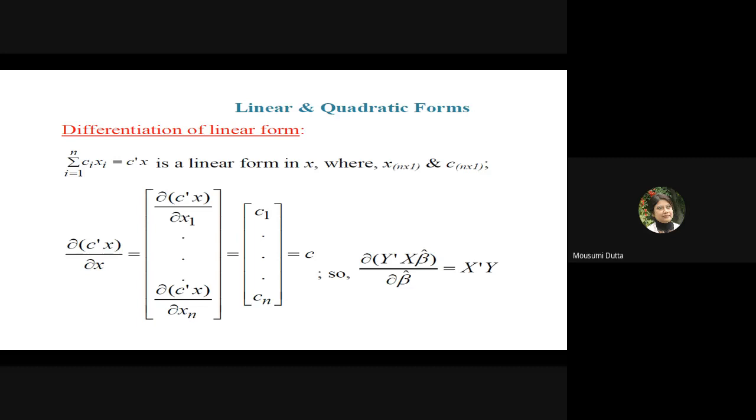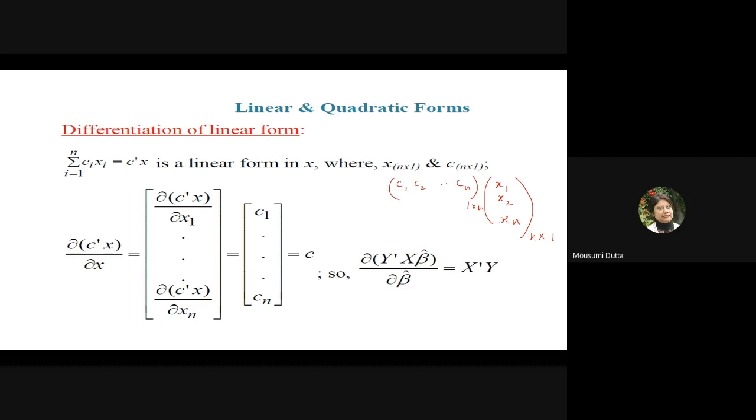Summation Ci xi means a row vector will be multiplied with a column vector. This is of order 1 by n and this is of order n by 1. This is the idea.